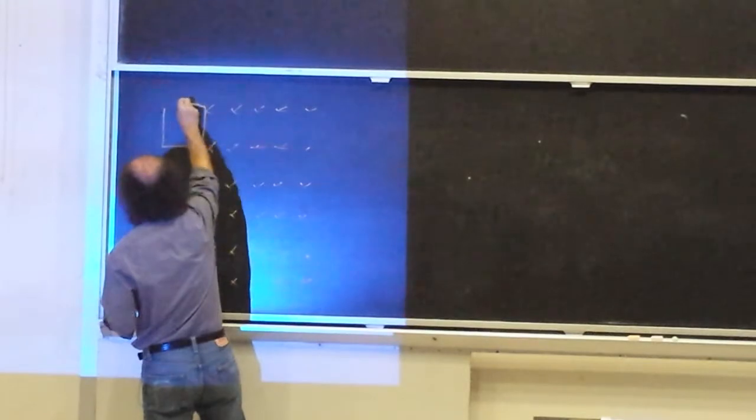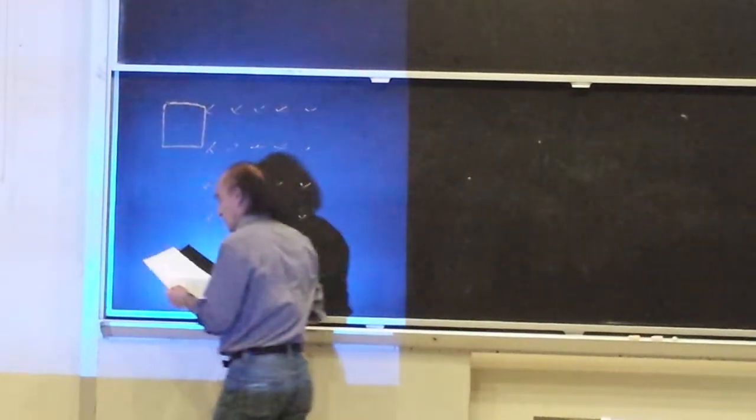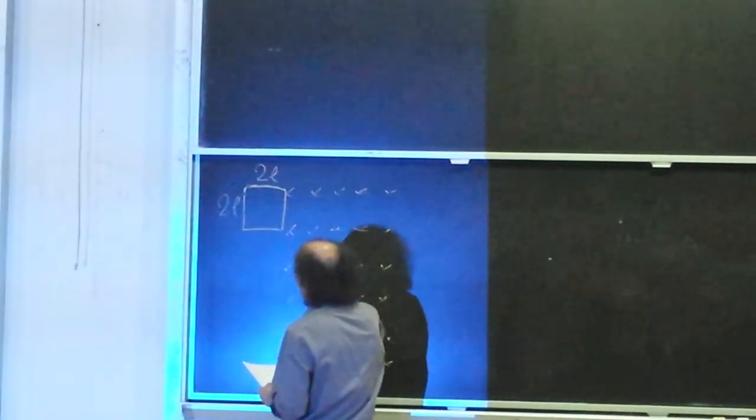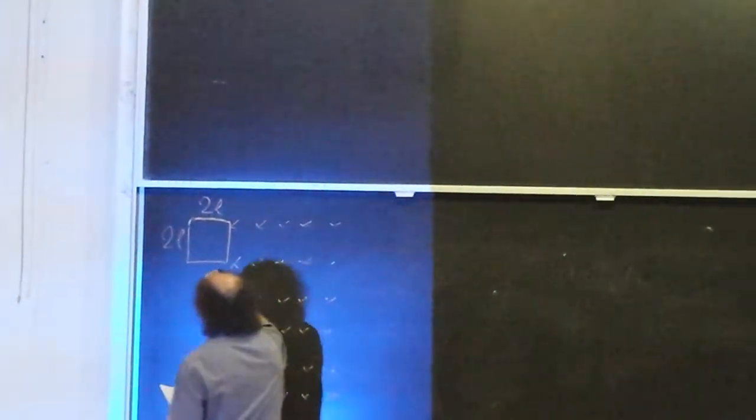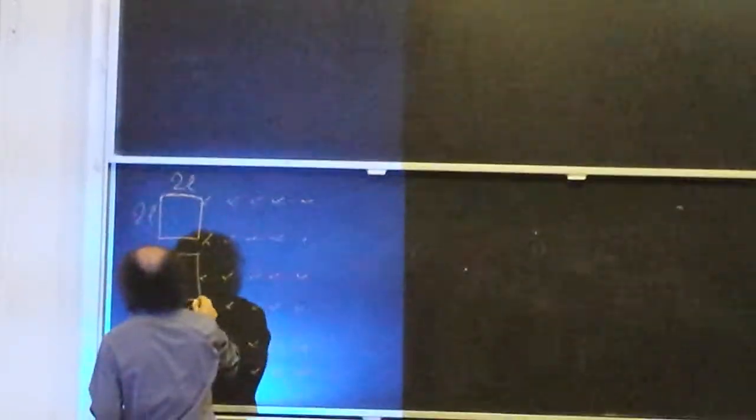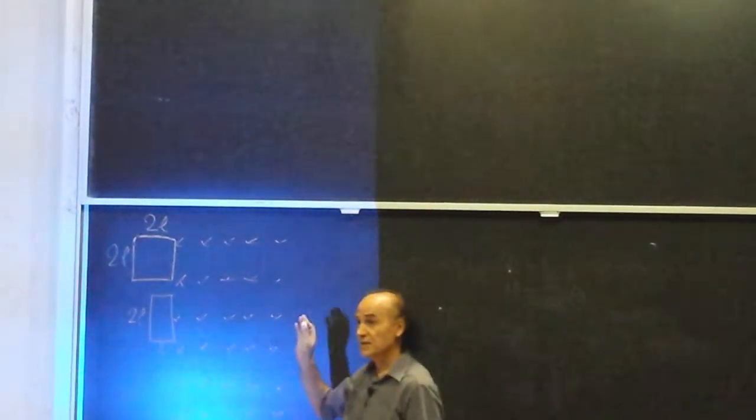Suppose case A, you have a square wire conductor. Each side is 2L. In case B, you have a rectangular wire which has L here and 2L here. In all cases, this thing is at the edge of this magnetic field.